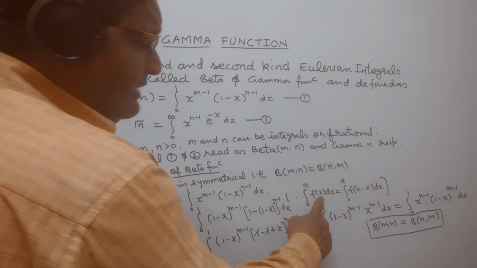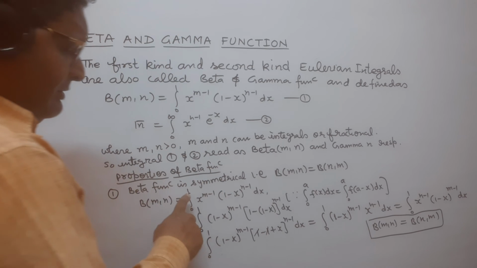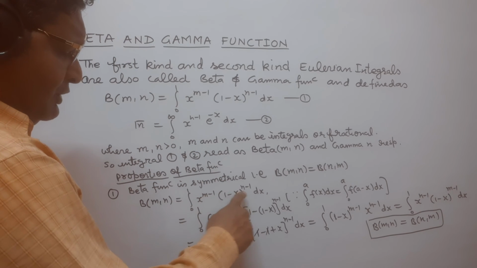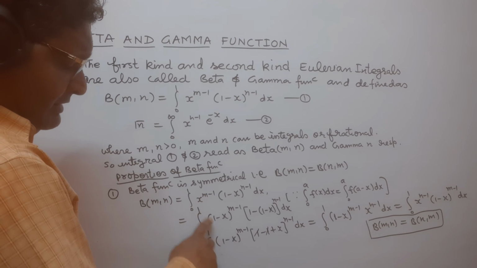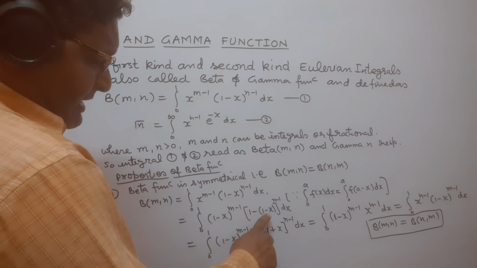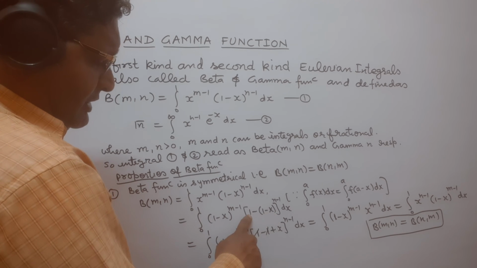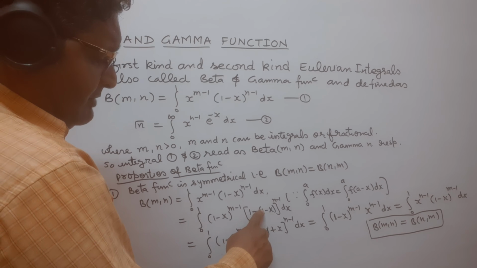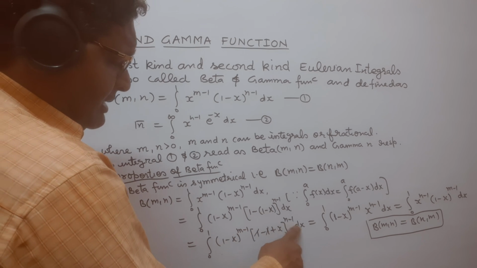So in place of x we put 1 minus x, and here 1 minus x becomes 1 minus 1 plus x, raised to the power n minus 1 dx.